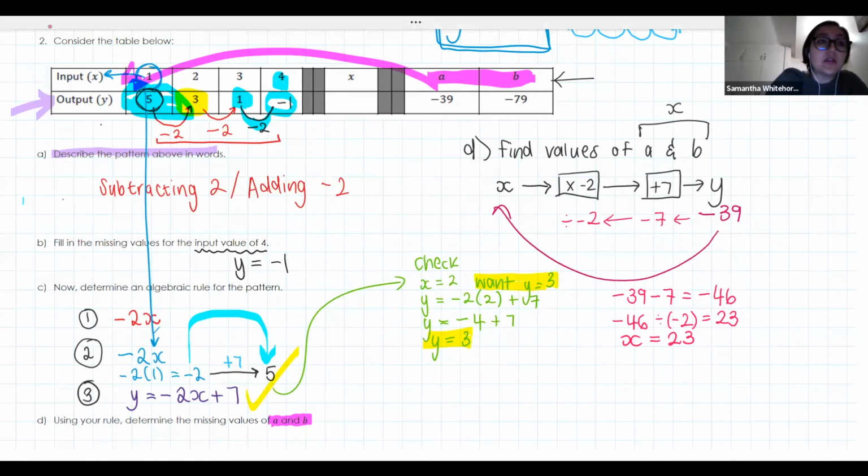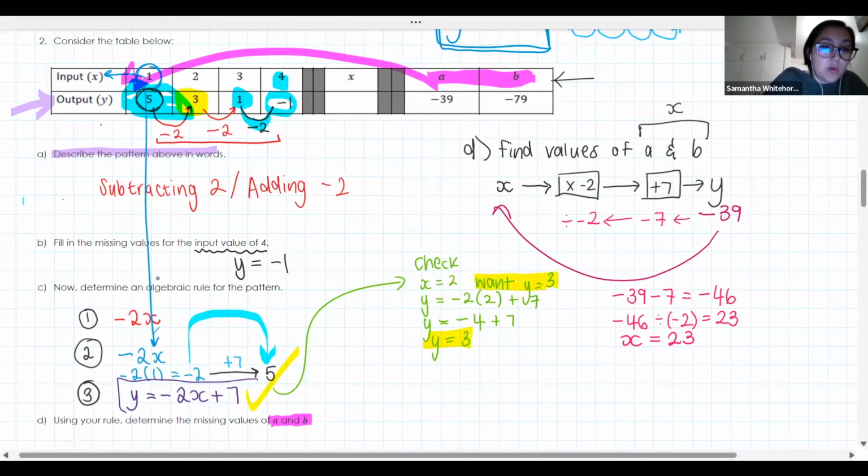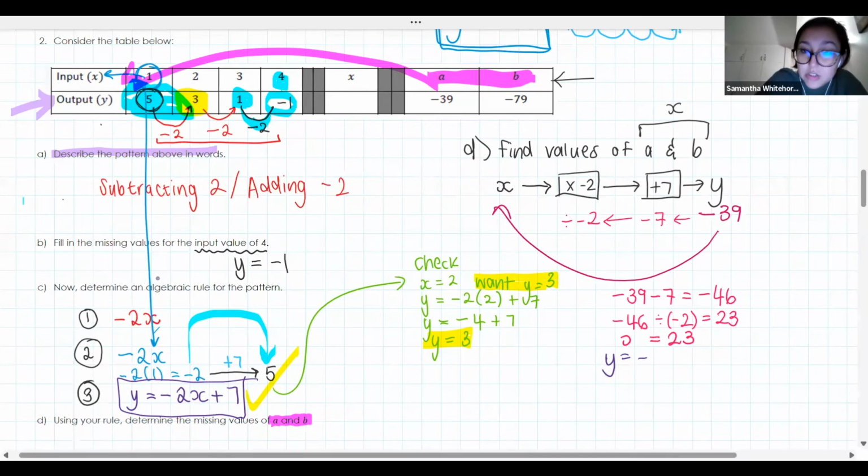Now you can always go and double check yourself. How can you double check yourself? Well, you've got a rule. Remember, our rule was y is equal to -2x plus 7. So I'm going to replace x with the 23.